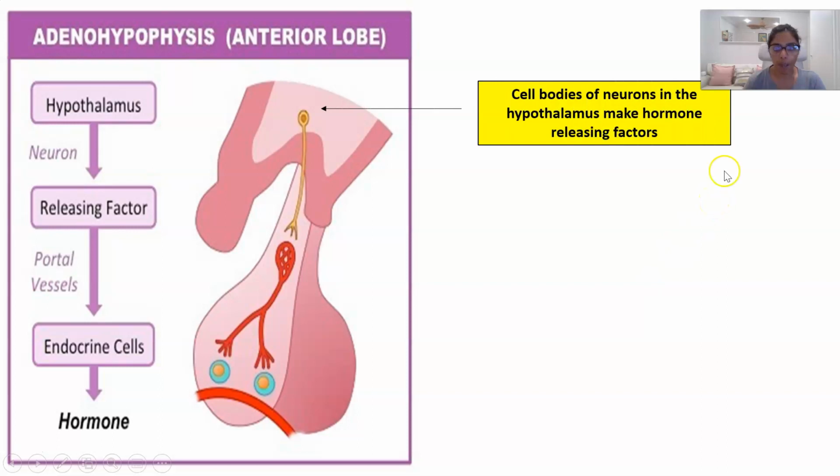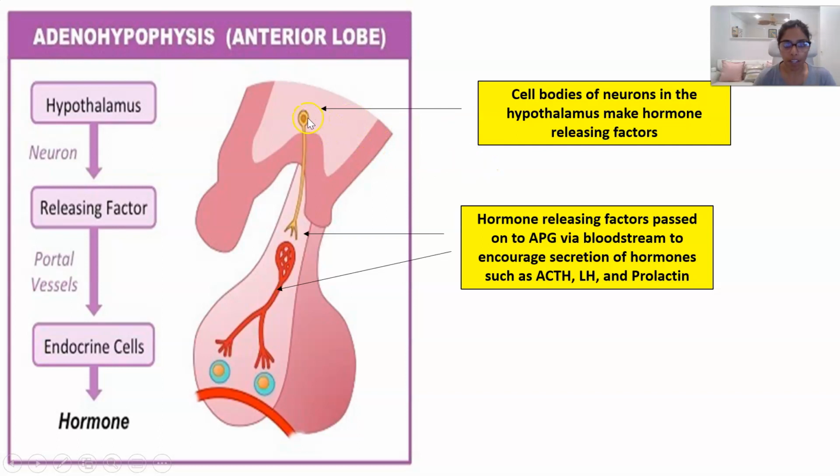Just a little recap here. If we look at this basic cartoon drawing, we can see that we're looking at the hypothalamus up here, and this is where neuronal cell bodies will make releasing and inhibiting factors. So if we're talking about the release of a hormone, then we'll just be talking about releasing factors being made in the cell body.